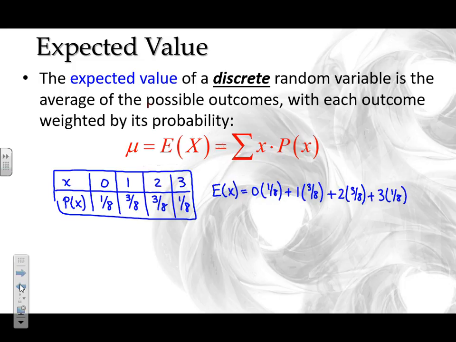So when you're calculating expected value, you need your probability distribution, and then it's just a matter of taking each value times its probability and then adding them all together.